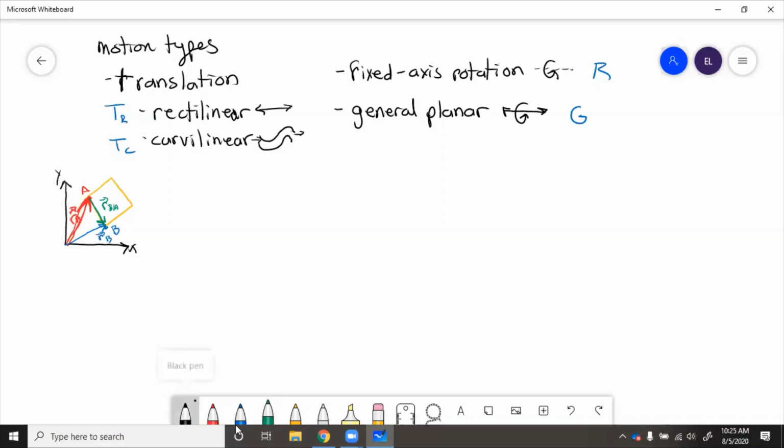So for all of them, translation, rotation, general planar motion, they all have position RB equals RA plus RB with respect to A. That is true for all of these.